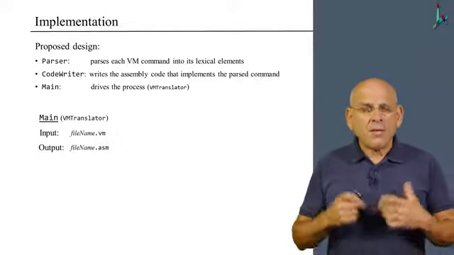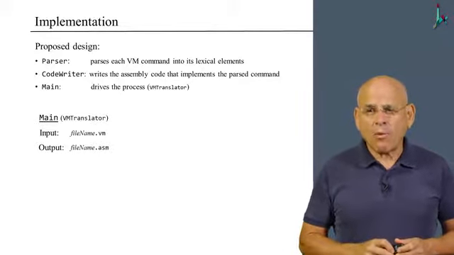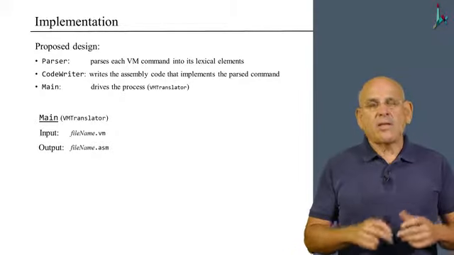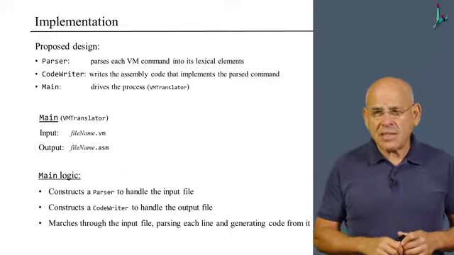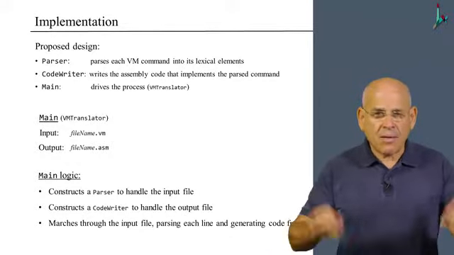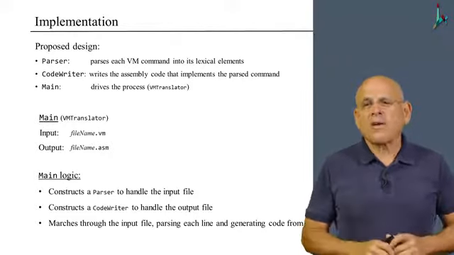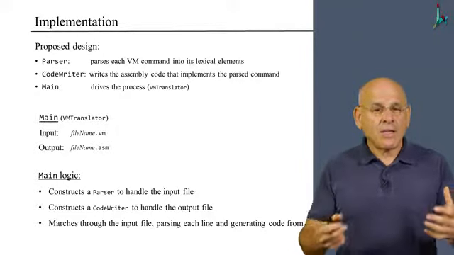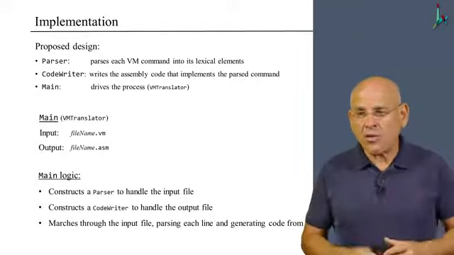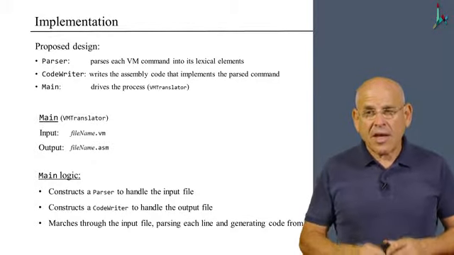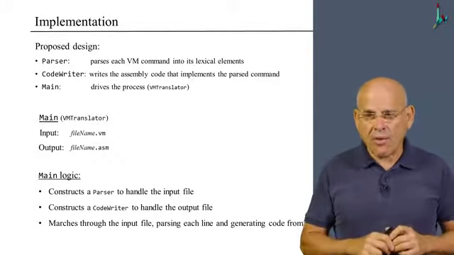Now, how does this main class operate? Well, the logic of this main class is that it will have some main method that does the following. First of all, it constructs a parser in order to handle the input file, and we'll discuss this parser later on.